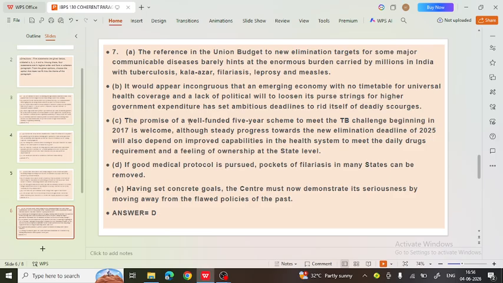The announcement of a well-funded 5 year scheme to meet the TB challenge beginning in 2017 is welcome.